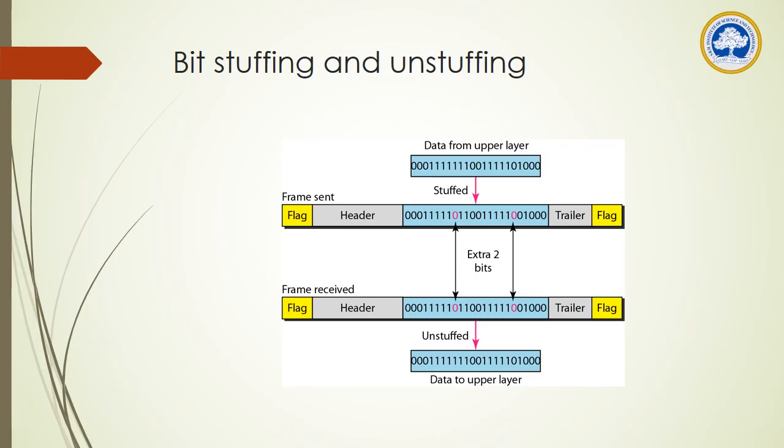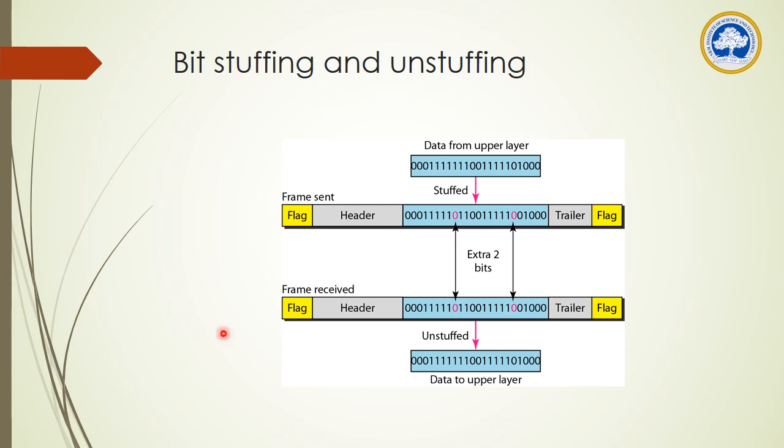How we do bit stuffing in this data: whenever the sender device finds the frame consisting of 5 consecutive ones, it will stuff a 0 bit. So this is how it looks. After 5 consecutive ones, it's stuffed with a 0 here, and then the remaining bits will follow.